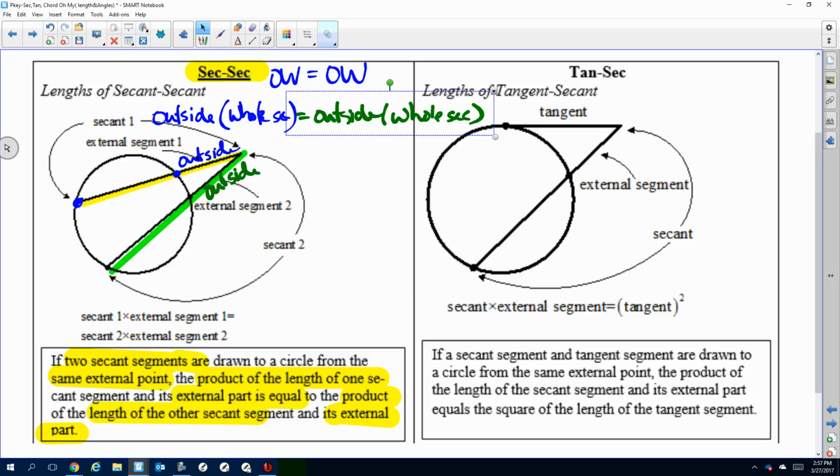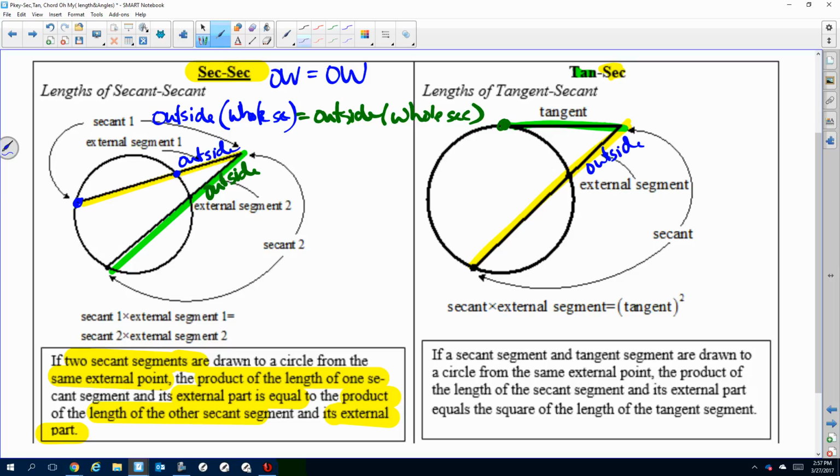Now, if you see a tangent and a secant, well, your tangent part only touches the circle at exactly 1 point. So you gotta make sure you pick the right segment that represents the tangent. So we have a tangent secant. Again, when I'm talking about the secant, I need to recognize the outside part compared to the whole secant.